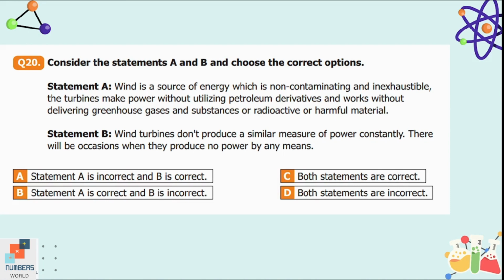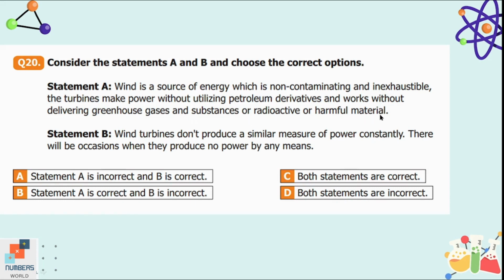Question number 20. Consider the statements A and B and choose the correct option. Statement A. Wind is a source of energy which is non-contaminating and inexhaustible. The turbines make power without utilizing petroleum derivatives and work without delivering greenhouse gases and substances or radioactive or harmful material.